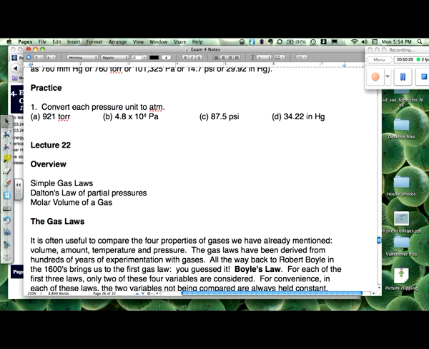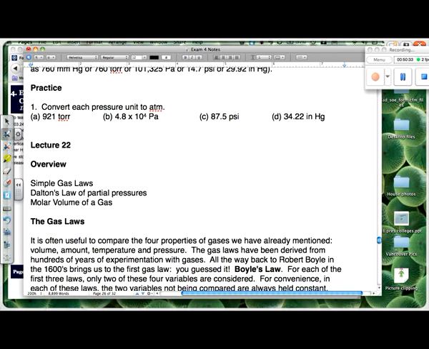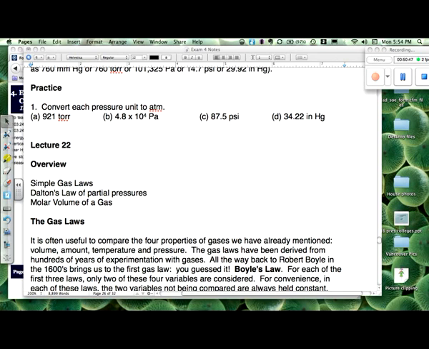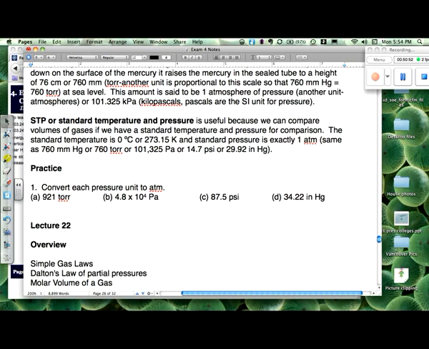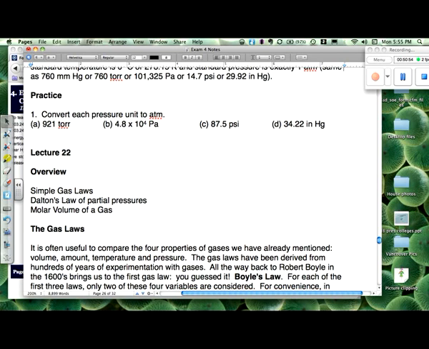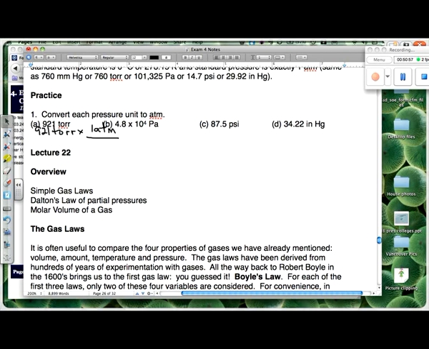All right, so we want to convert each one of these pressures to atmospheres. All right, so using our dimensional analysis powers, we're going to take 921 torr times 1 atmosphere has how many torr, and all we have to do is scroll back up. 1 atmosphere has 760 torr.